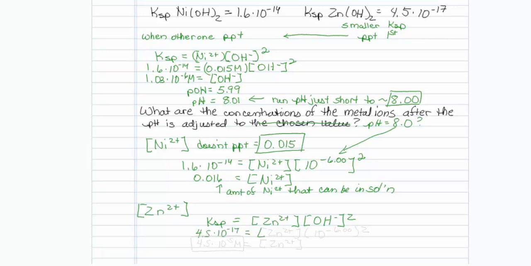My zinc is what I'm trying to figure out because some of it is precipitated, and my hydroxide is 10 raised to the minus 6 squared. So let me do that math. And I get 4.5 times 10 to the minus 5th molar is my zinc concentration at pH equal 8. Okay, that's all there is to it.